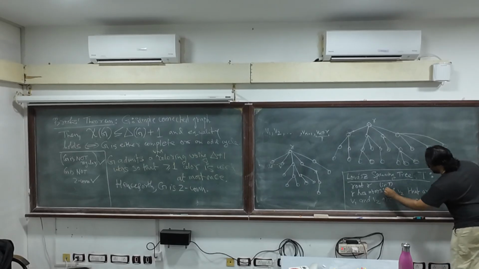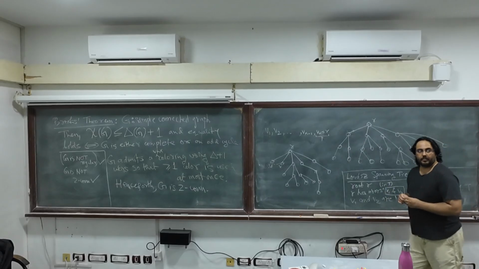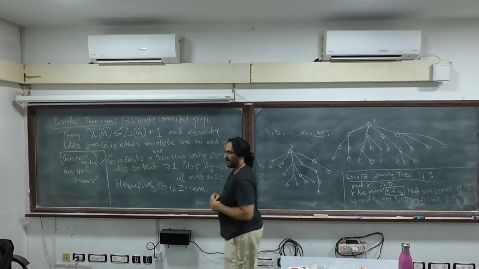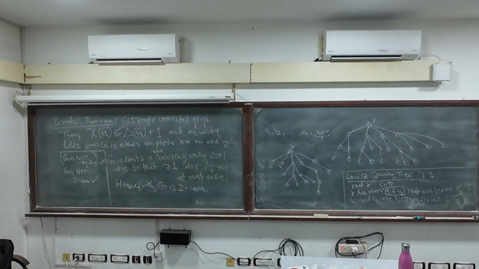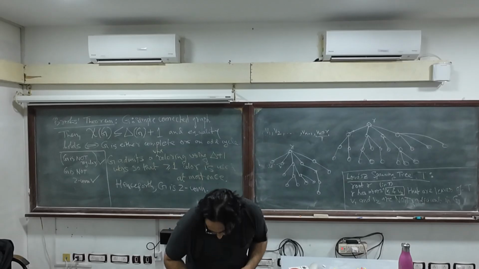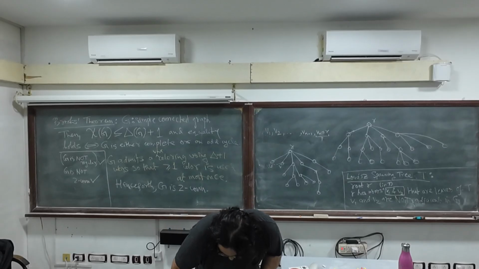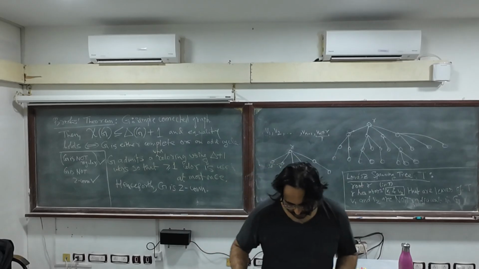You have to focus on V1 and V2. A graph has a Lovász spanning tree if and only if it has something else. Not easy. Not enough.